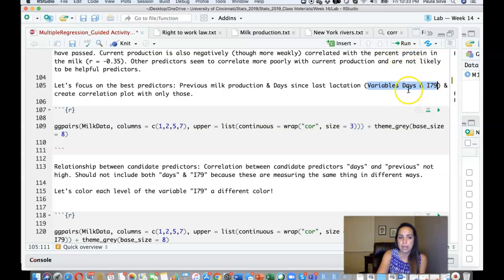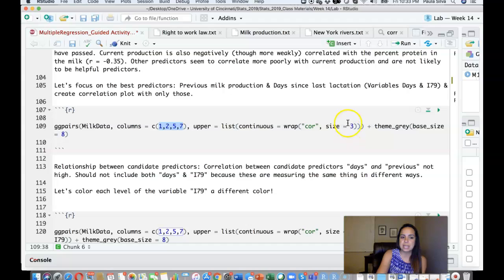Let's use both for now. So let's create the same correlation plots, but let's leave out the columns that do not interest us. So we just have current milk production, previous milk production, days, the numerical variable counting days after first present lactation, and I79, the categorical variable.